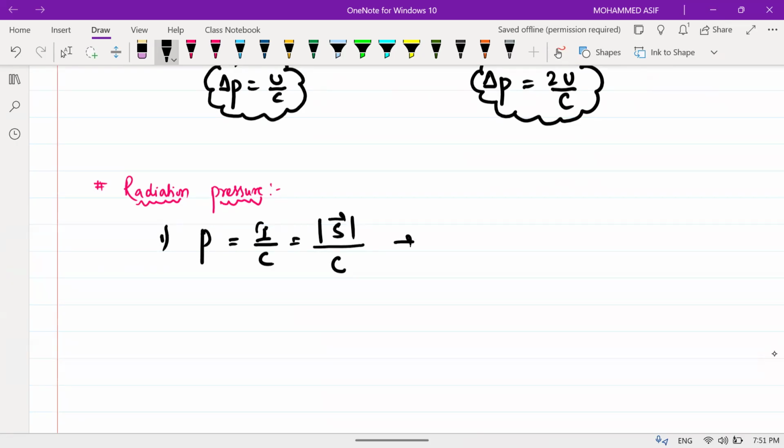This is for a perfectly absorbing surface.